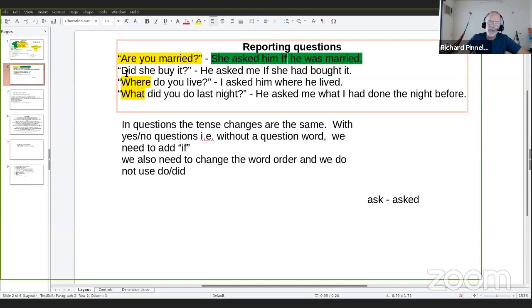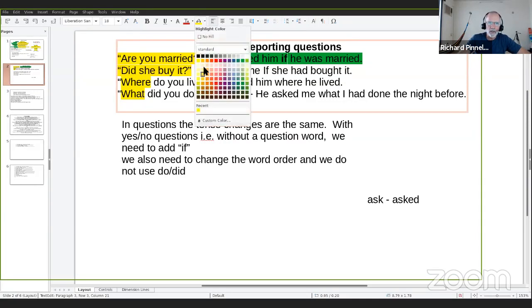Here's another example. This time it's in the past. Did she buy it? A question in the past. Direct speech. He asked me if she had bought it. So the first thing we're doing here is using asked.